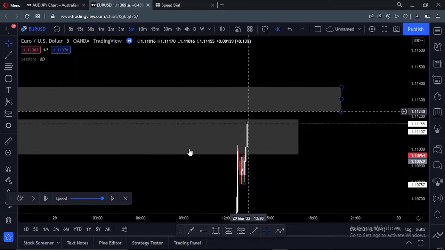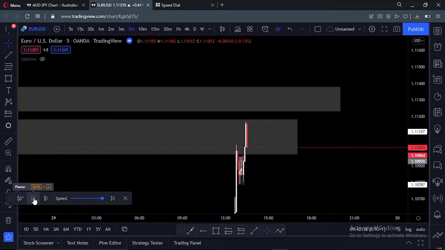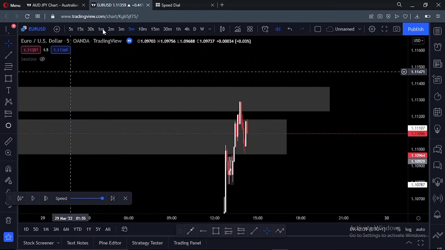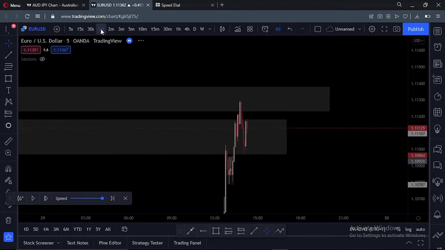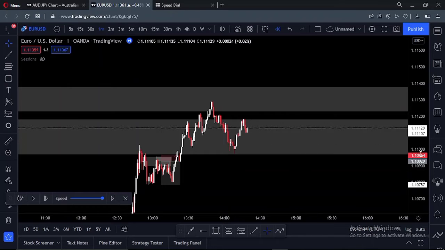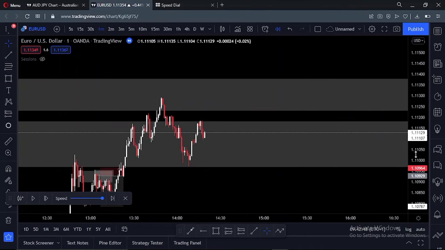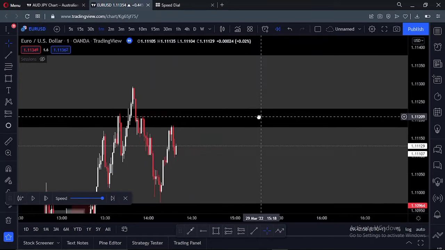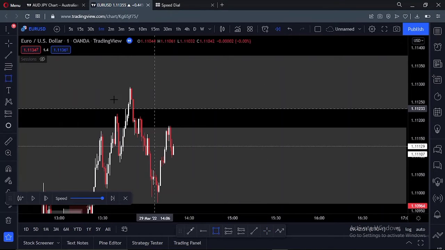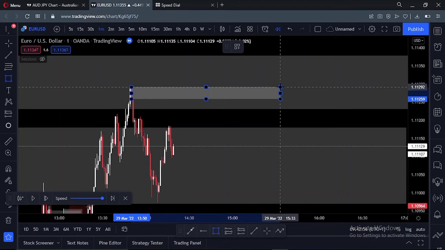Then I was waiting for this zone, and when price tapped into the zone, I went to the 1 minute time frame again. Then I looked for my change of character, right? Then I was waiting for price reaction at this zone here.